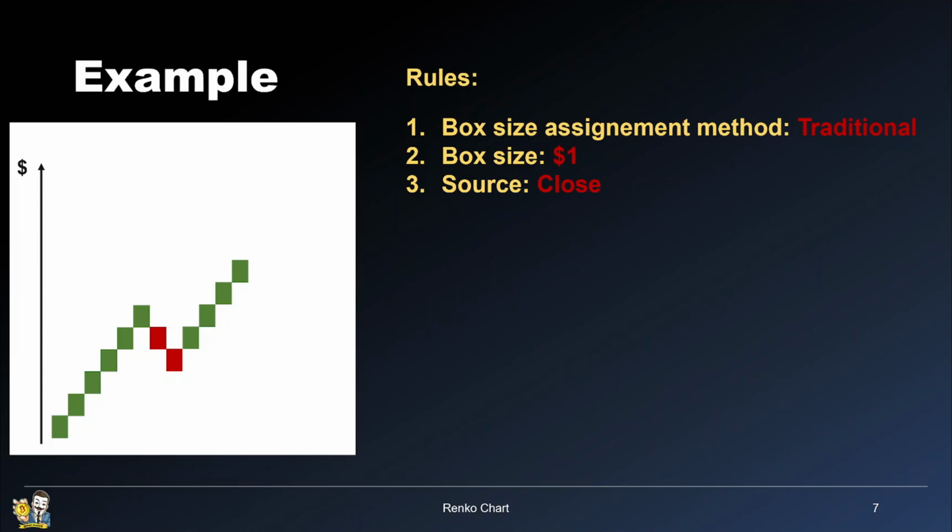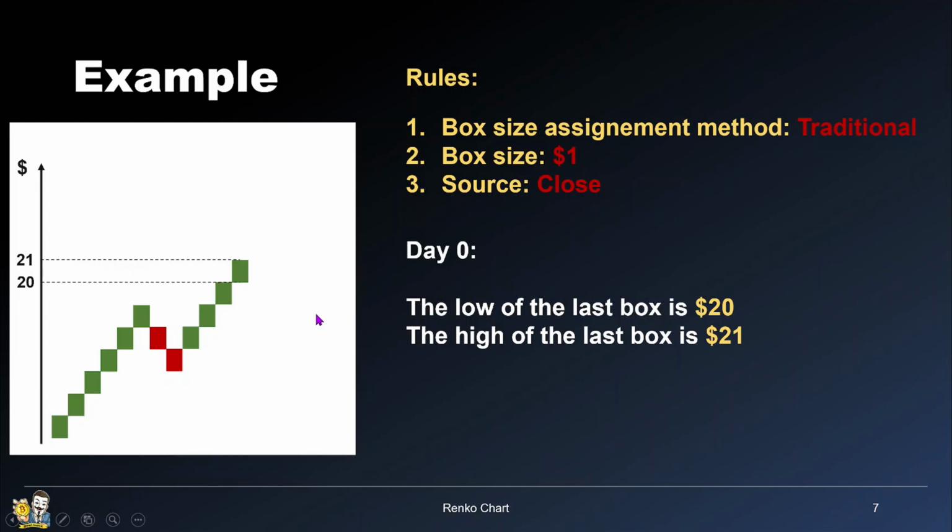Okay, let's see now an example to better understand how to build a Renko chart. The rules chosen are for the box size assignment method, traditional. For the box size, it's $1, and for the source, it will be the price closure. So here we have a start of a Renko chart. We see that today the low of the last box is at $20, and the high at $21. Here an important rule.